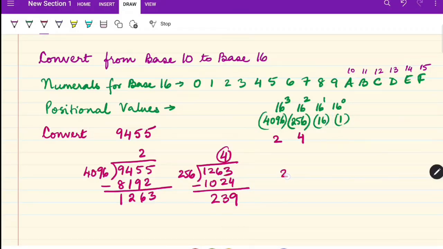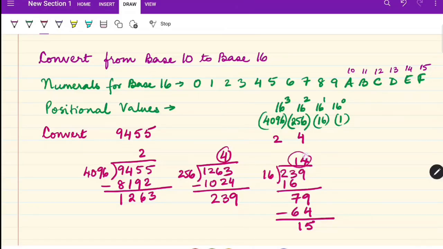So 239 divided by 16, and we get a remainder of 15. So from this division, the quotient is 14, and I'm going to write 14 below the positional value.